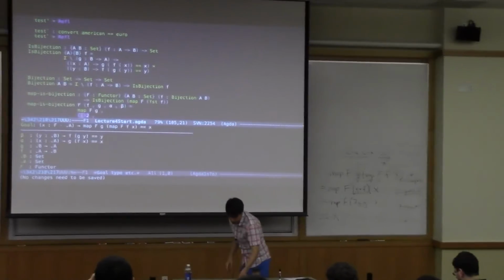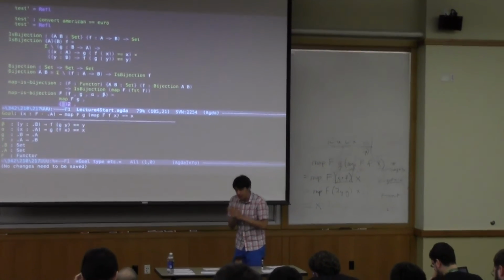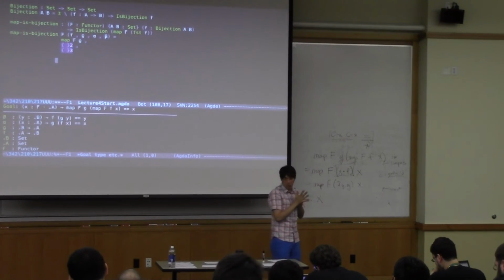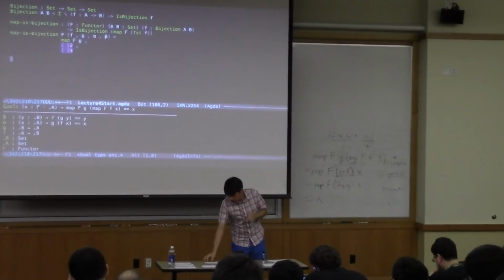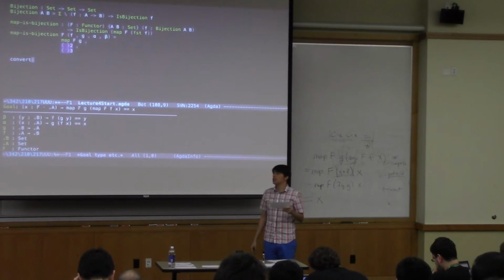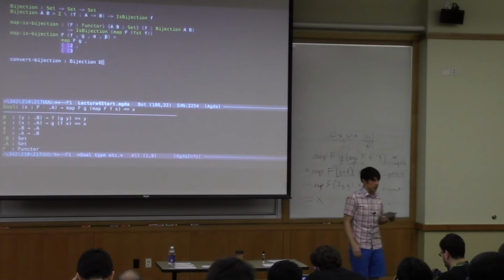Now what I want to do is finish off by applying this technology to prove that convert is a bijection. So what we want to do is write a function called convert-bijection, which is going to be a bijection between databases.